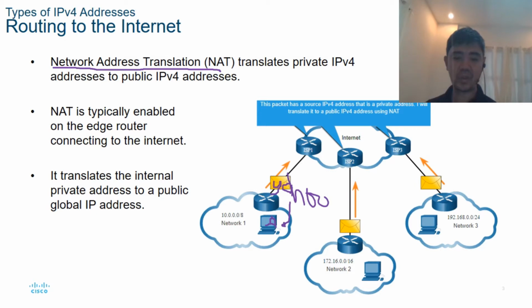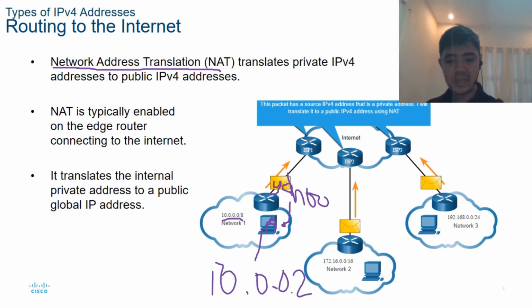When it presses enter, the source IP of that yahoo.com request is a private IP. Say the IP address of this computer is 10.0.0.2. For example, that is its private IP. So when computer A types yahoo.com, it will be encapsulated with this private IP.